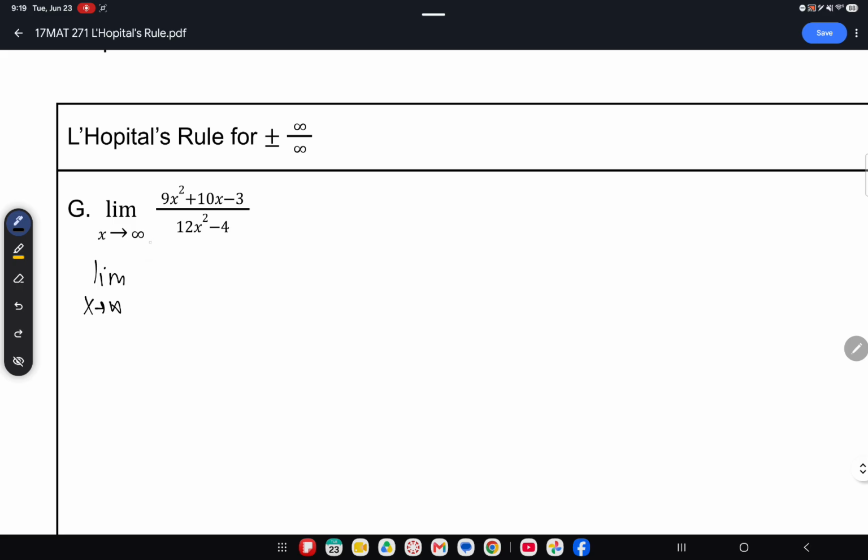And let's just go ahead and go 18x plus 10 over 24x. Still going to get infinity over infinity, so let's do it again. So we'd have 18 over 24. And I think that can reduce. If I do it by 6, I get 3/4, right?